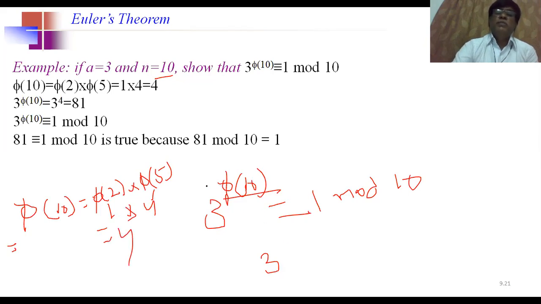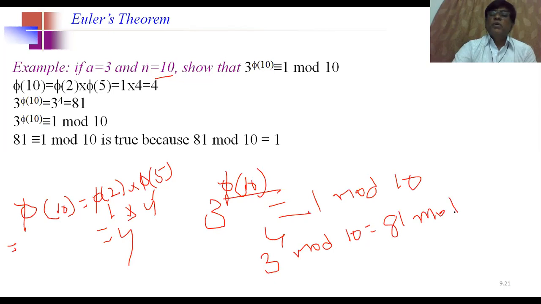This means 3 power phi(10) is 3 power 4, which is 81. 81 modulo 10 is 1, since 10 times 8 is 80 and the remainder is 1. So 3 power phi(10) is congruent to 1 mod 10, which is true.